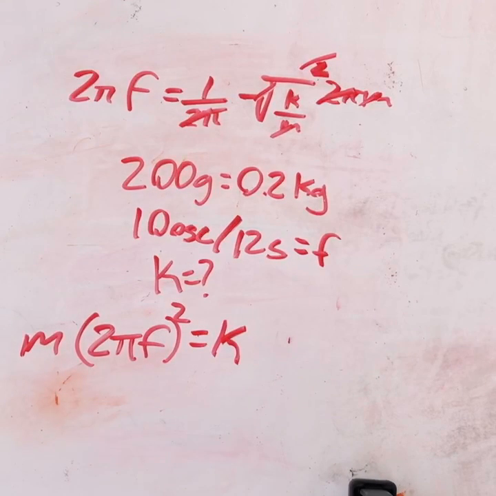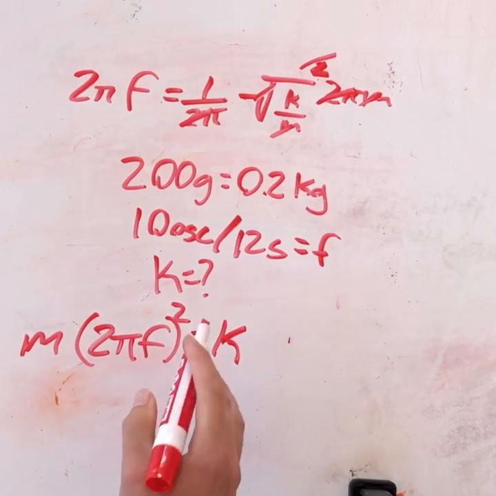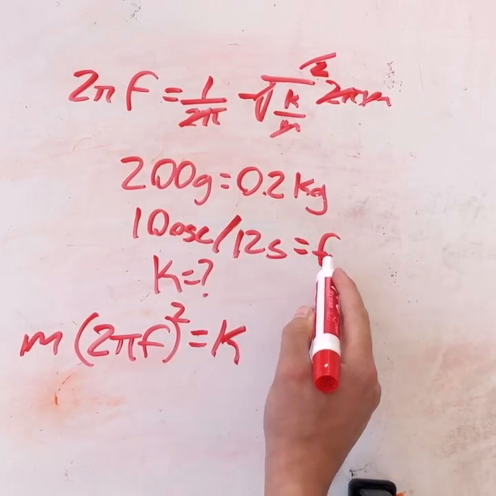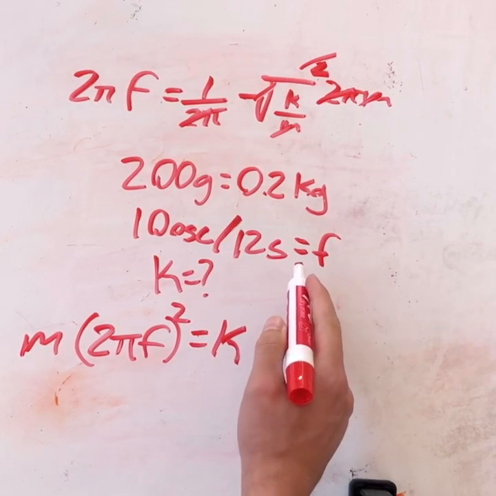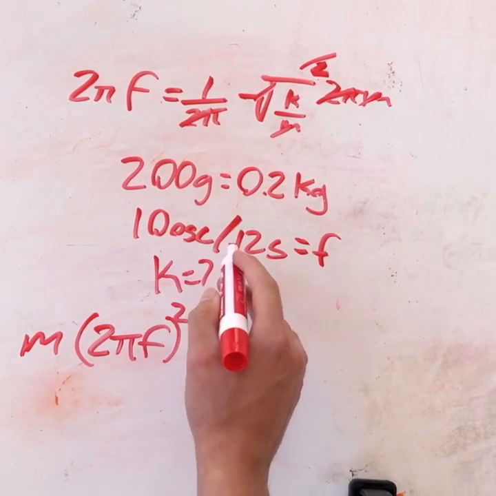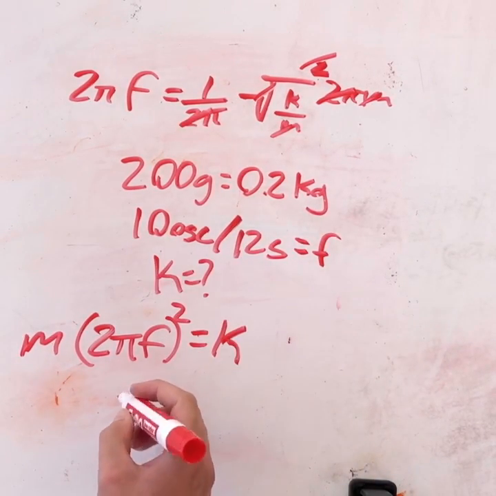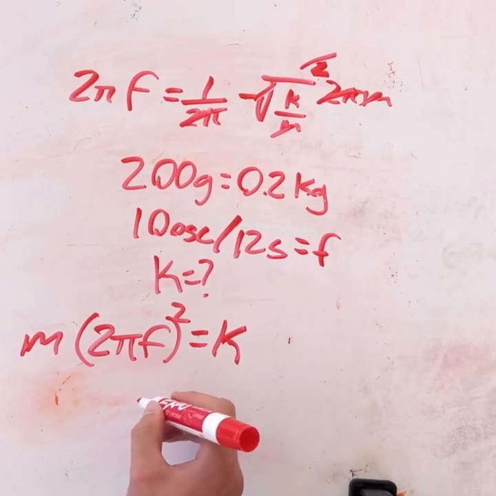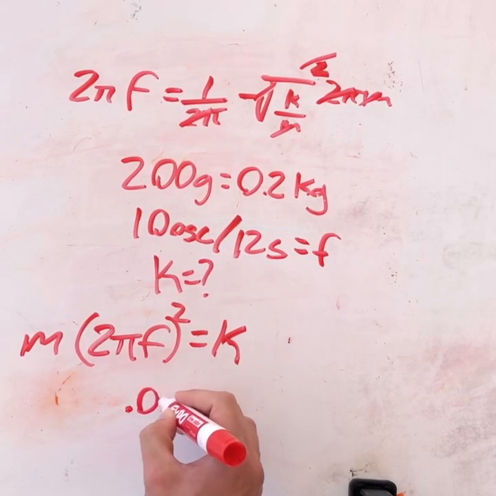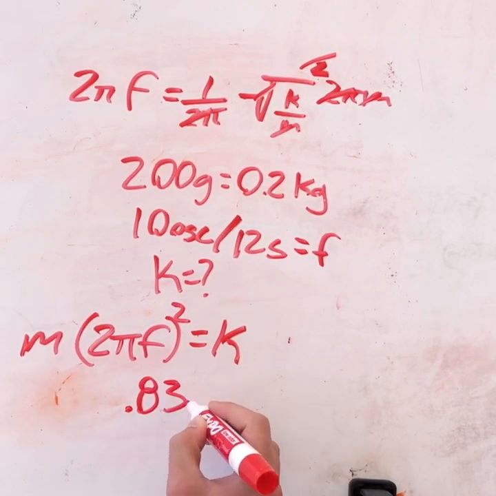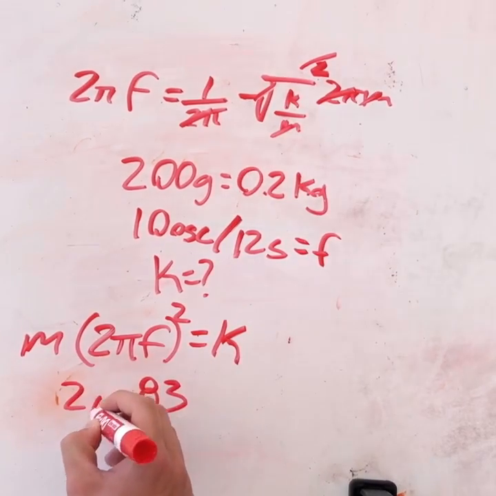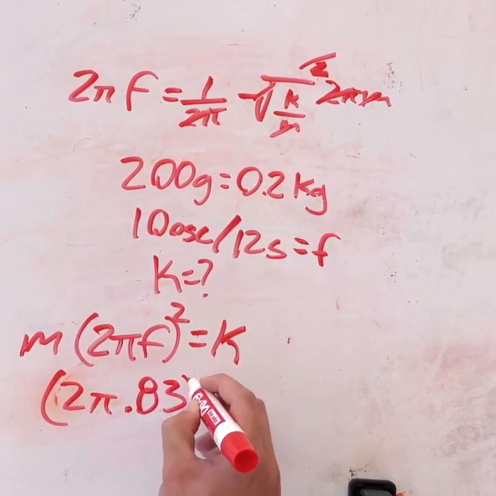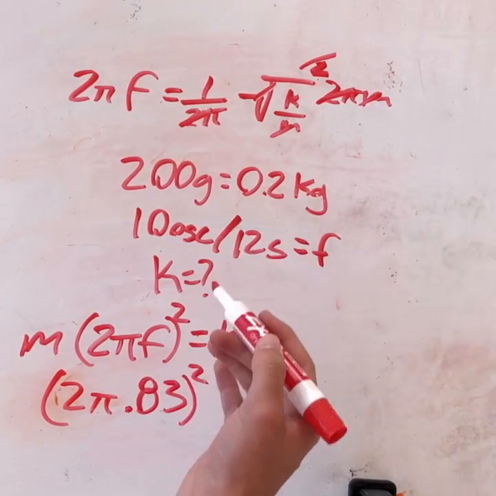Now all we have to do is plug in the numbers. So first thing is to put this frequency in units of oscillations per second. When we divide 10 by 12, we get 0.83. So we will use that 0.83 in our calculation. So we have 2 pi times 0.83, squared, and then times the mass.